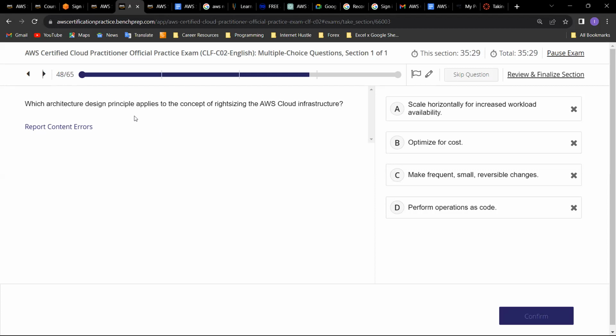Which architecture design principle applies to the concept of right sizing the AWS cloud infrastructure? So right sizing.